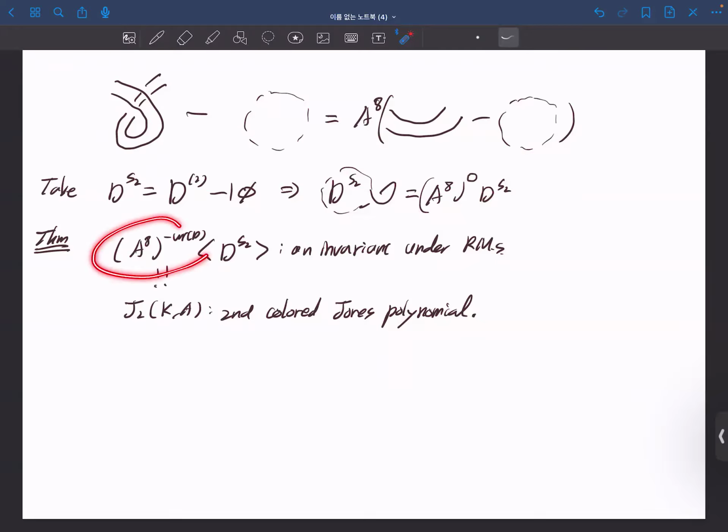So by modifying it, we can obtain an invariant under Reidemeister moves. Then for Dk, when we take more and more parallels, we need to find such a DS.